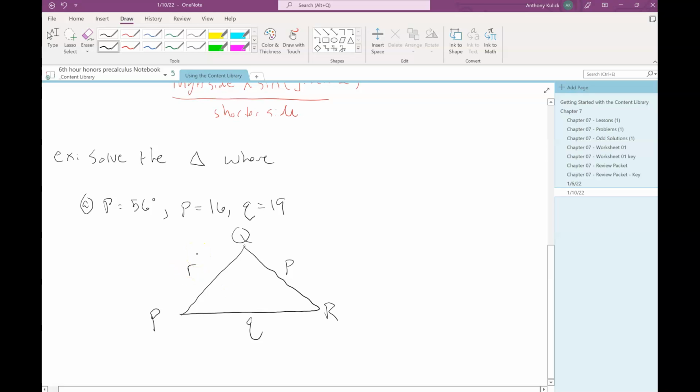So again, I'll start by drawing my triangle. I chose to give the third angle the name angle R because, well, the alphabet. And then remember, I'm naming the sides opposite the angle with the same letter, just the lowercase version.